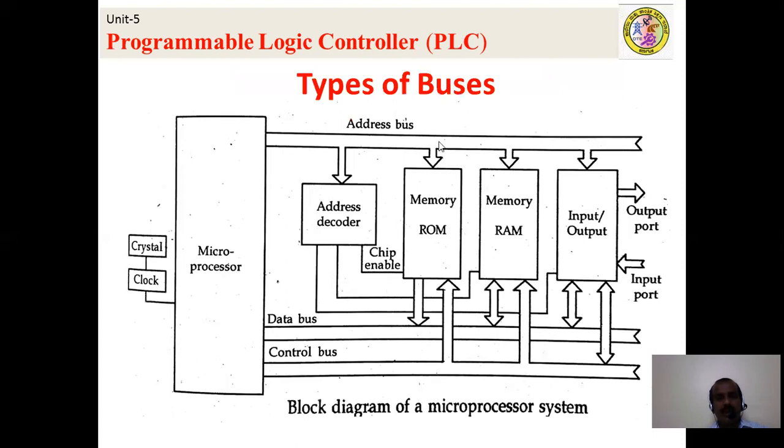It has an address bus, the data bus, and the control bus. So these three buses from the microprocessor are connected to the ROM, RAM, and the input-outputs.